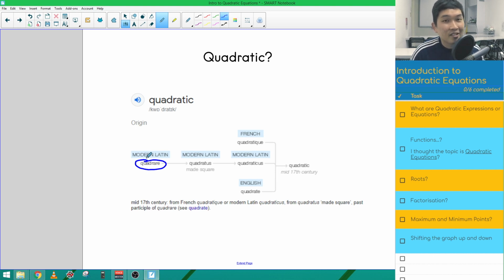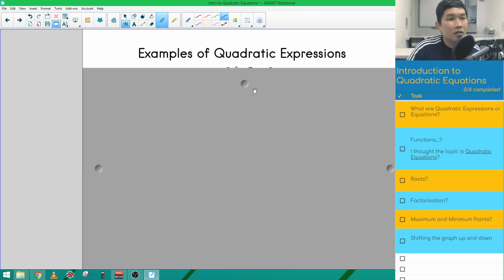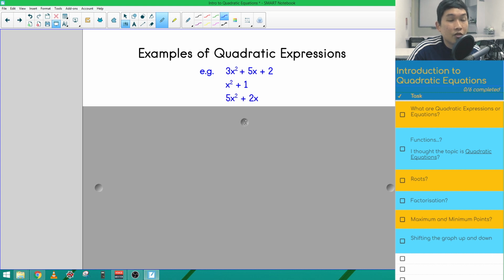The difference between expressions and equations, let's just do a quick review because I think most of you know what it is. I have three quadratic expressions over here. Let's take a look at them. First one is 3x squared plus 5x plus 2. Second one is x squared plus 1. And the third one is 5x squared plus 2x.